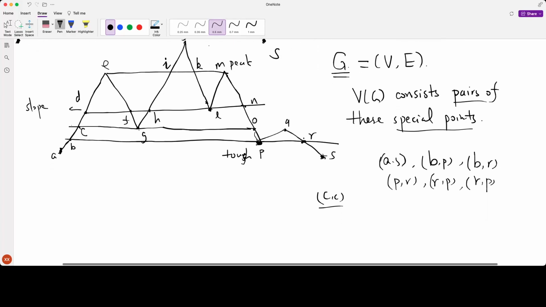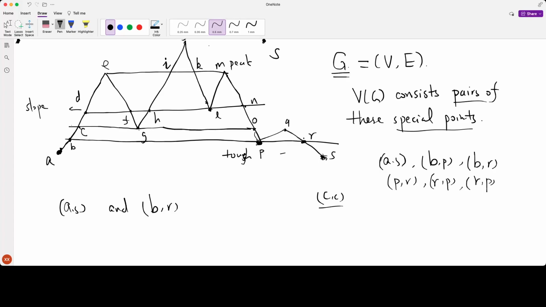So this is my graph vertices, and the edge set. Given a pair, for example, I have a pair AS, A here, S here, and BR. If you look at the picture, it's the possible positions of the 2 people.